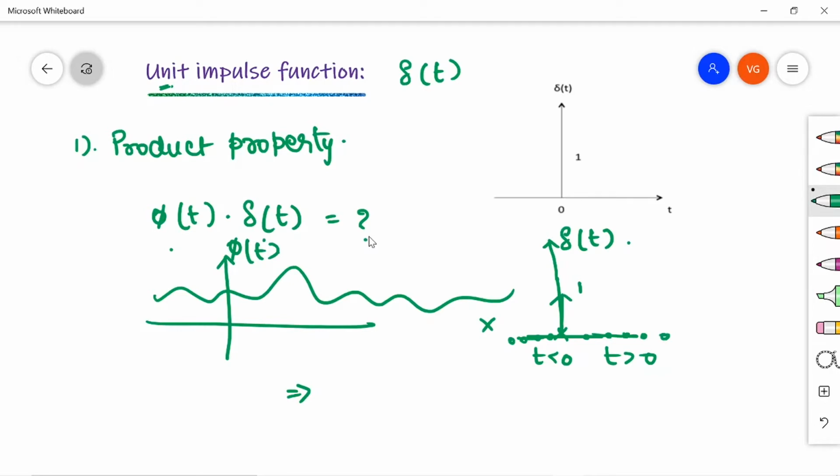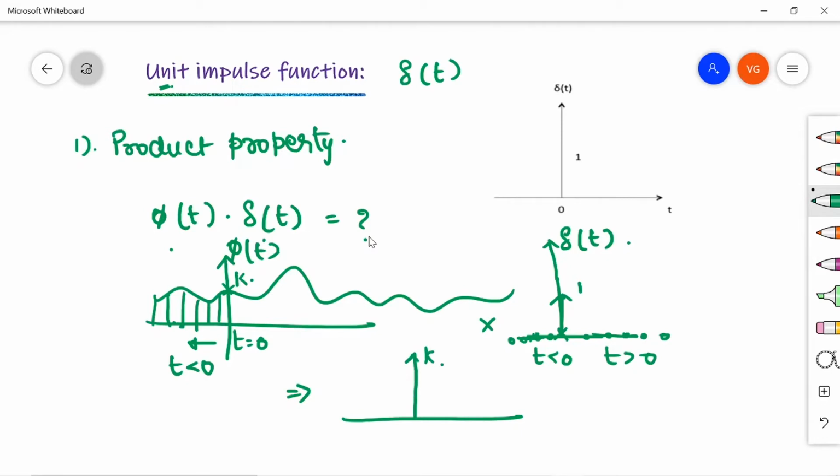Whatever the amplitude of your signal for t less than 0, as it gets multiplied with the amplitude 0 of del of t, it will become 0. Suppose the amplitude of phi of t at t is equal to 0 is some value, say k, then k multiplied by 1 is equal to k.